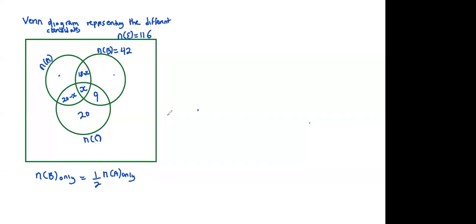How are you going to obtain them? Allow me to call this to be our Y here. So I'm going to say that N of B only is equal to Y. In order for me to get Y, I'm going to add everything within this set. So I can say 18 minus X plus 9 plus Y should be able to get 42. Now, negative X plus X gives us 0.